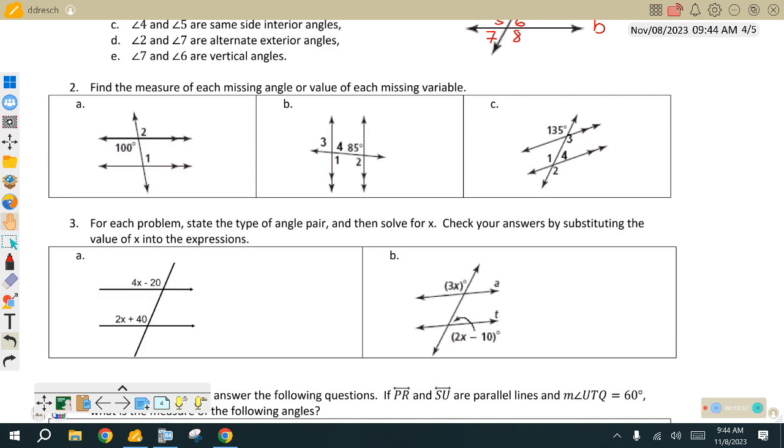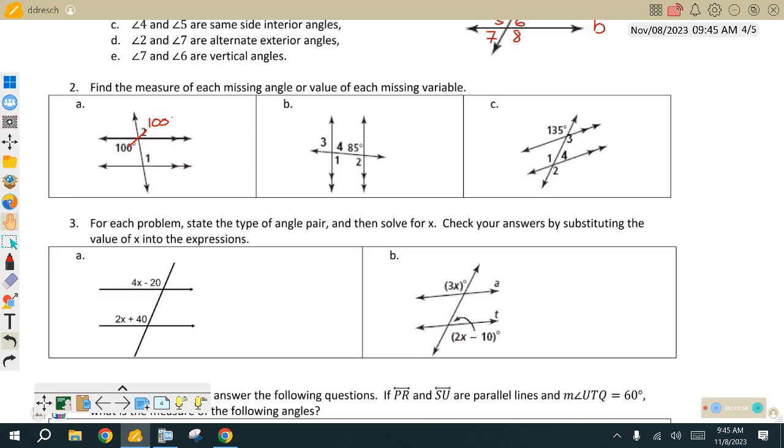So on that first one, angle 2 is probably the quick one. Angle 2 is what? 100. It's vertical, isn't it? Angle 2 is a vertical angle. It's 100 degrees. Now after that, what's angle 1? Angle 1 is 100. Now why does angle 1 turn out to be 100?